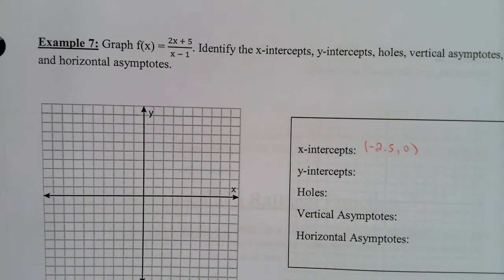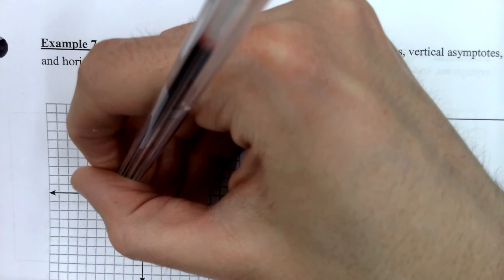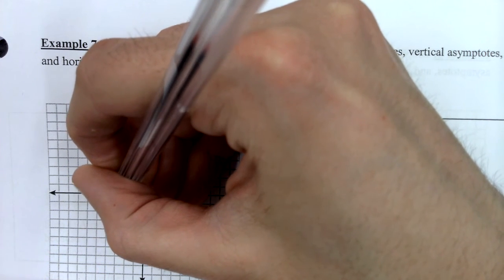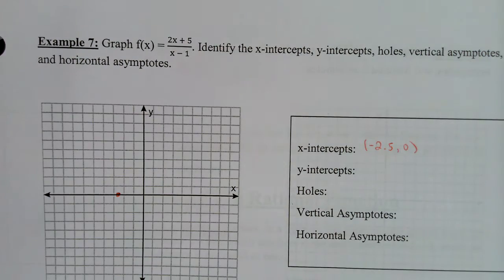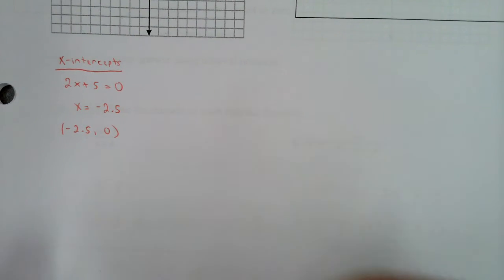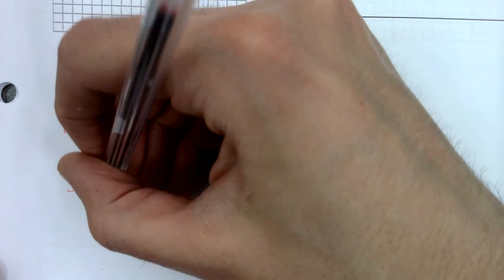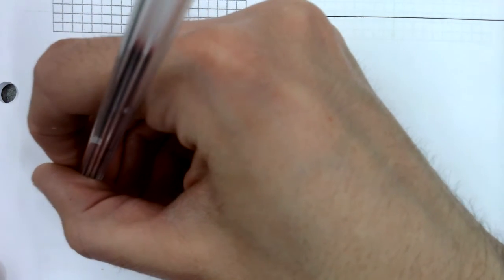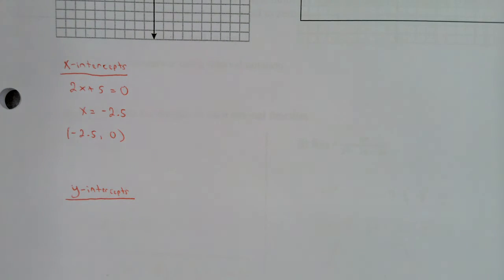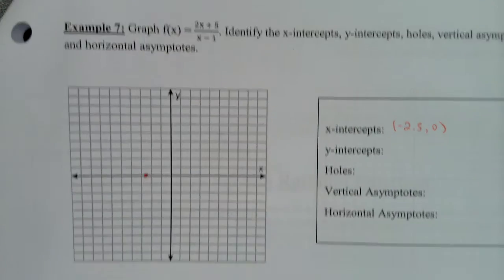Let's graph it as we go. For the y-intercept, that's when you replace the x with 0. Let's do that over here. So going back to the original problem, 2 times 0 plus 5 over 0 minus 1.